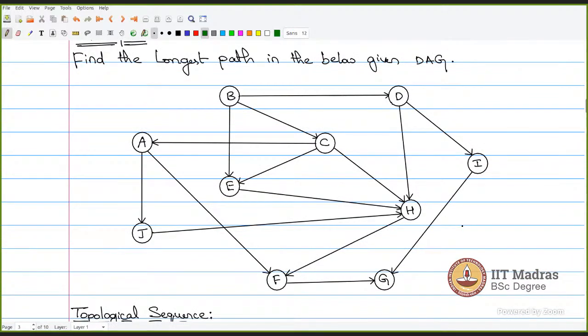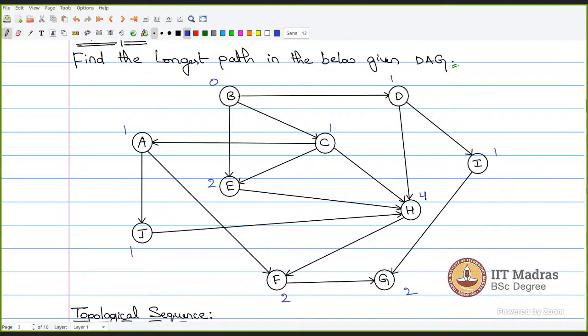First check whether this given graph is a DAG or not. Anyway, I have given this as a DAG. So just find the in degrees of every vertex. So in degree of D will be 0, D will be 1, I will be 1, 1, 2, 2, 2, 1, 1, 1, 1, 1, 2, 2, 4.